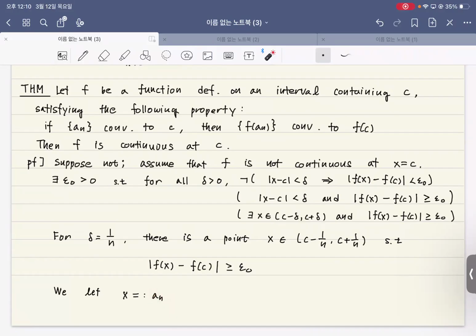Because this point x is obtained by choosing delta equal to 1 over n. You can find this number a_n for every positive integer n. If n equals 1, you can find a point, and if n equals 2, you can find another point. If n equals 3, you can find another point, a3. Continuing like this, you can construct an infinite sequence a1, a2, a3, and so on.